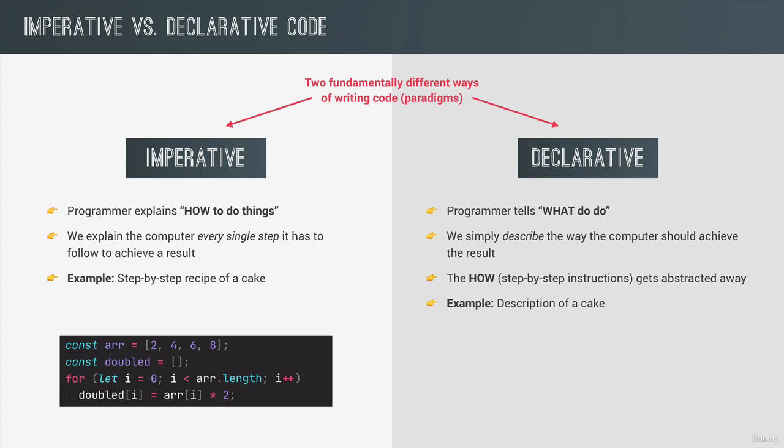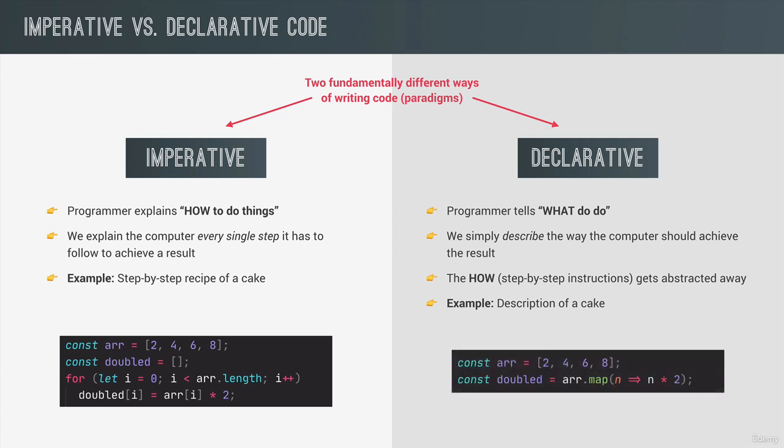And now coming back to the code example of duplicating the values in an array, this is how we do it in the declarative way. So we have our array, and then we simply tell JavaScript that it should map the values in the array to a new array. And each of these values should be multiplied by 2. And so if you compare this code example with the one on the left, then you will really see that in this example, all we are doing is describing the way that the computer should achieve the result that we are looking for.